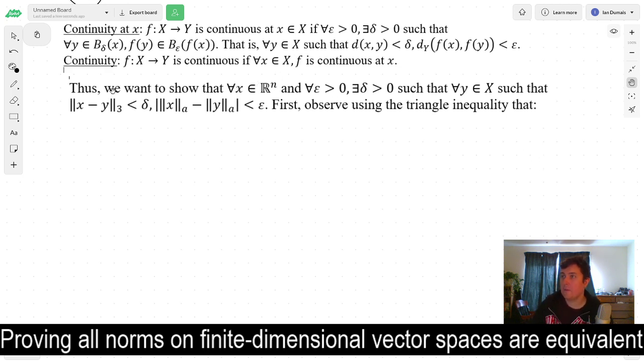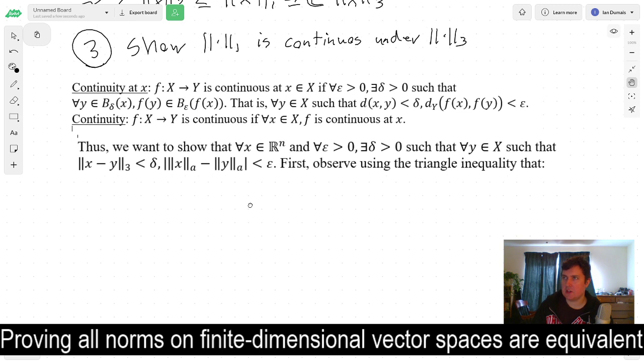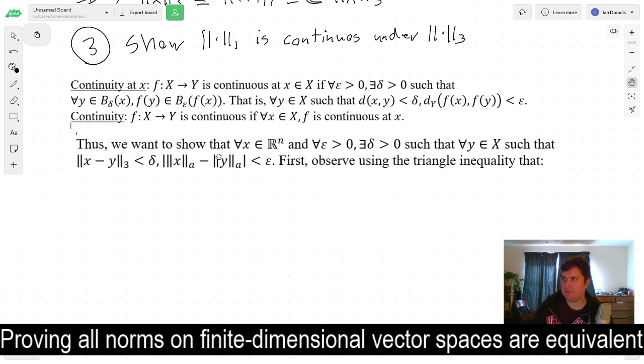Okay, so translating this into our situation, we want to show that for all x in Rn, because Rn is where we're starting from. We're going from Rn into R. I'm not going to scroll up, but that's when we looked at what a norm is. It goes from our vector space, which is Rn in this case, and we're heading into R because it's a norm.